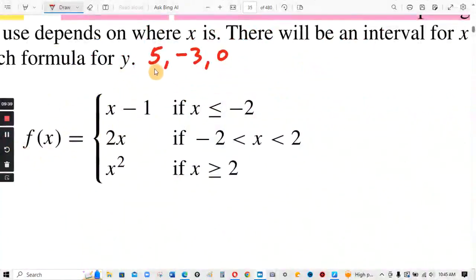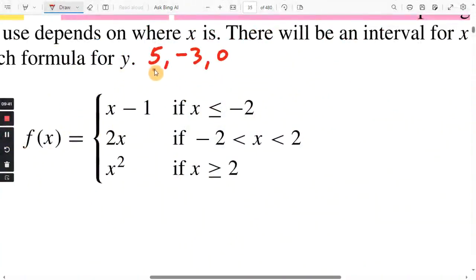If we use the 5 first, 5 is greater than or equal to 2, so the 5 is going to be used in this function right here. The -3 is less than or equal to -2, so the -3 falls here. And the 0 is definitely in between 2 and -2, so the 0 is right there.